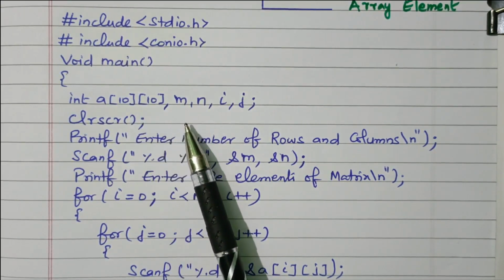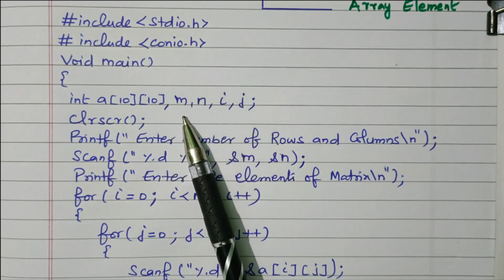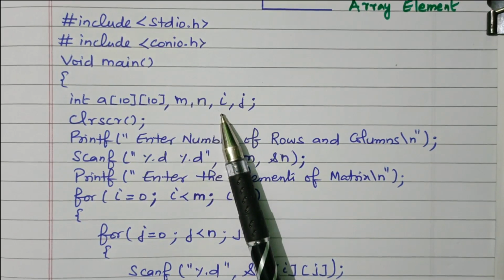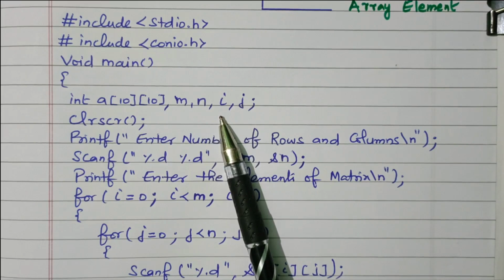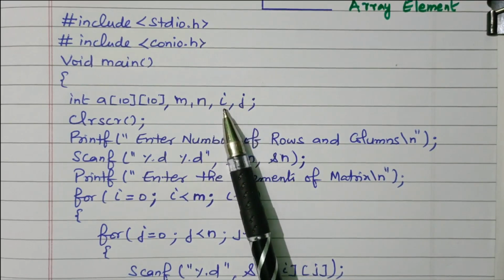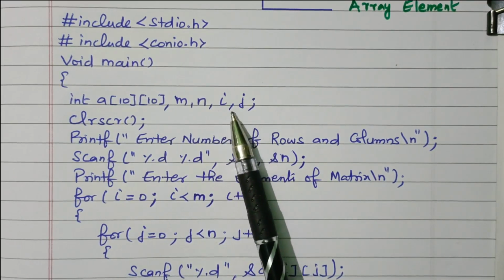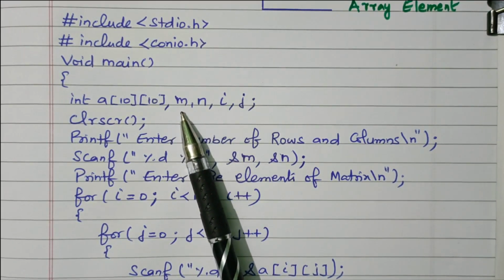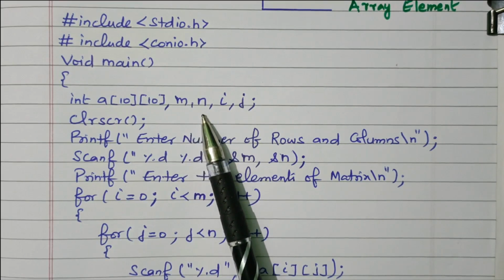In order to assign the variables, 2 loops are needed. That is a for loop, and inside it one more loop. In order to vary the row, one loop is needed, and in order to vary the column, one more loop is needed inside. So we declare i, j for creating the loops. M refers to the row size and n refers to the column size.